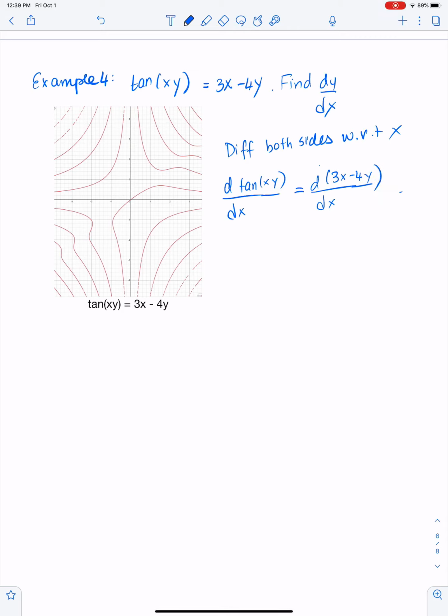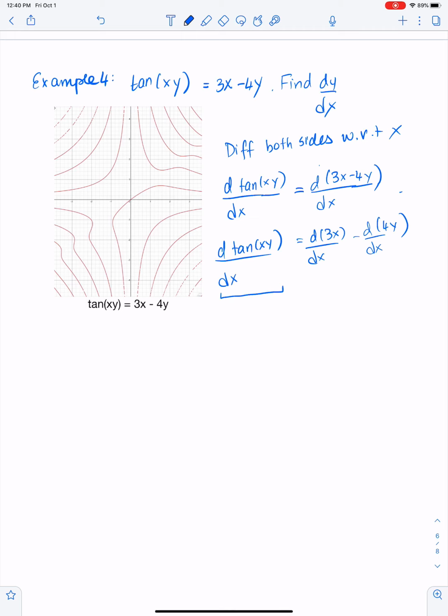All right, let's just split the right. That's d/dx of 3x minus d/dx of 4y. Okay, and the left side is d/dx of tangent of xy. Okay, all right. So now let's start with this first term.